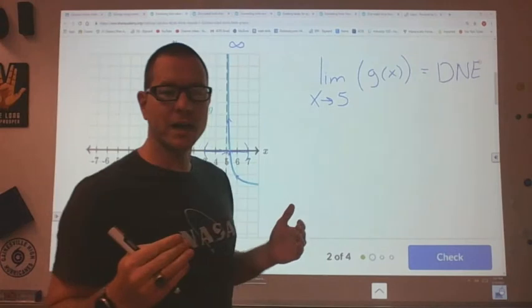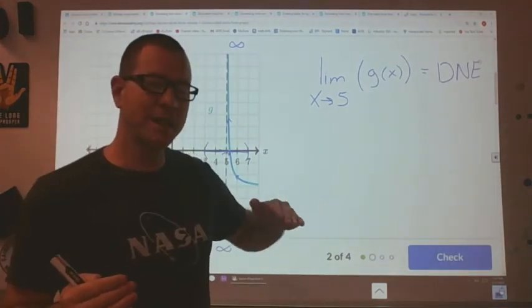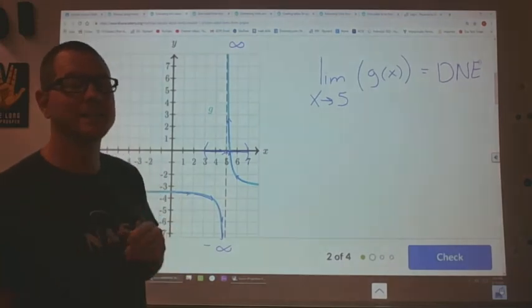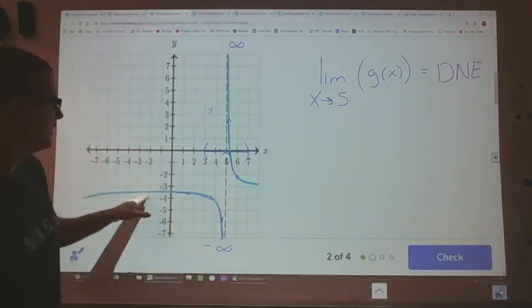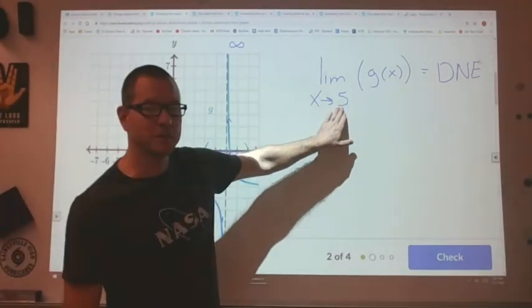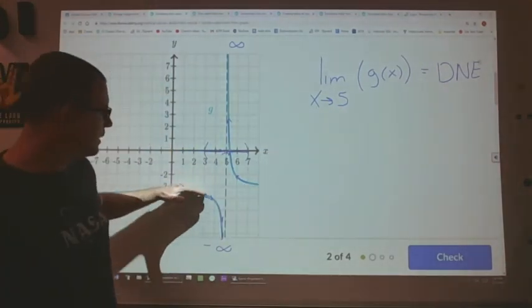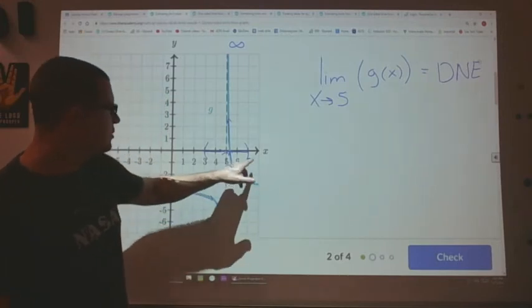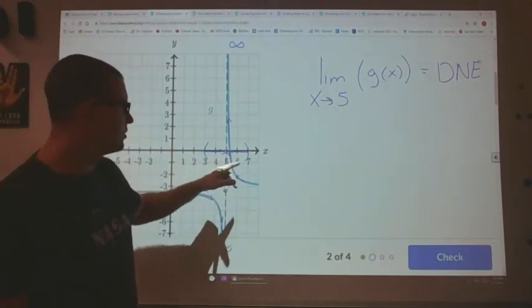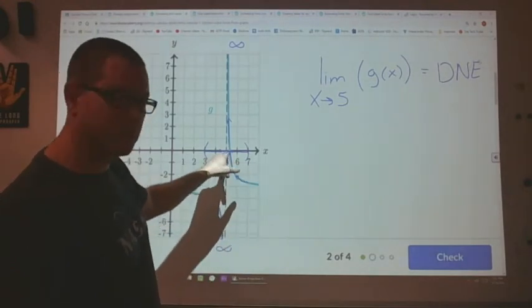If you cannot match the left-hand behavior and the right-hand behavior of the limit, it does not exist. In this case, to the left of the value that my limit is looking at, my graph is going down. To the right of the value that my limit is looking at, always approaching the value. So this is my center.